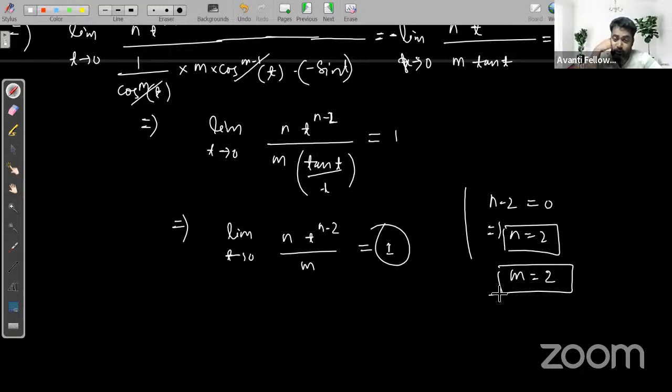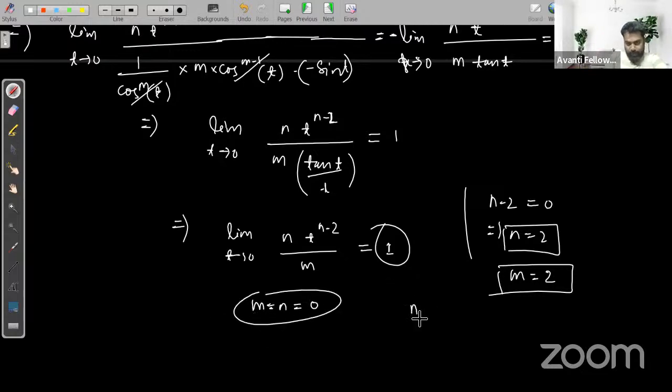Right? Because if we take t as a negative number, then (-1)^n - 2 can be any number. So yes, we are getting m equal to n equal to 0, right?